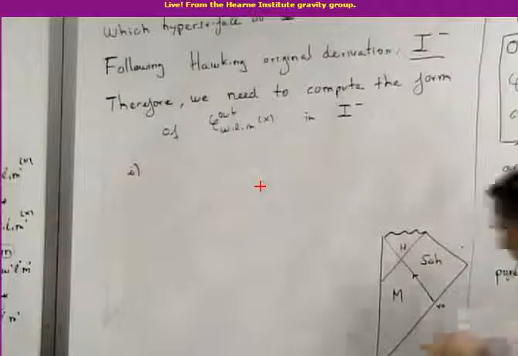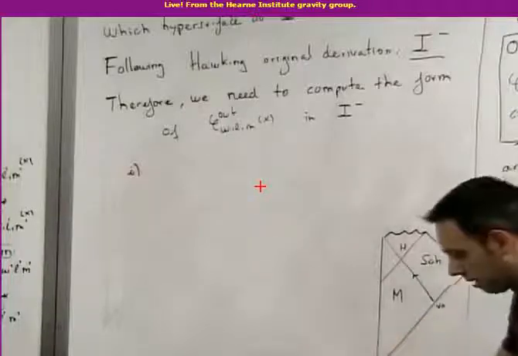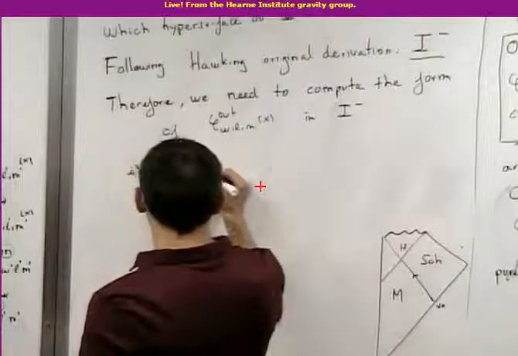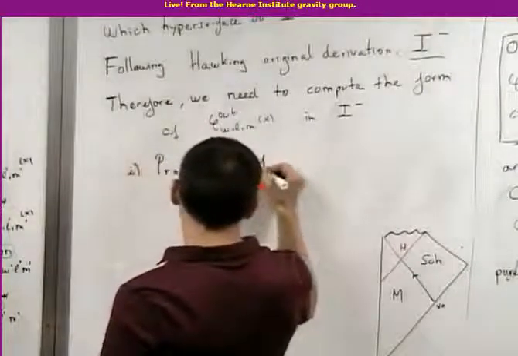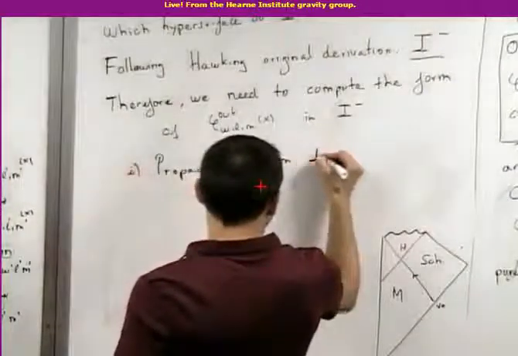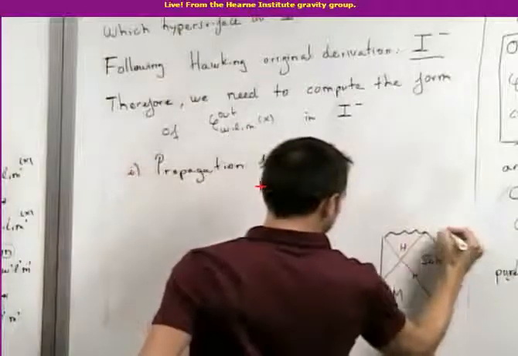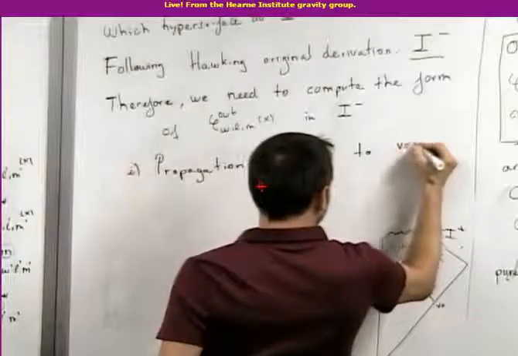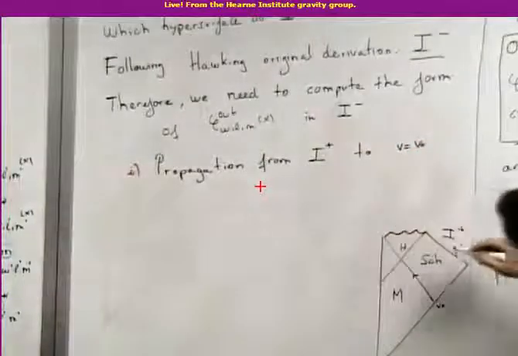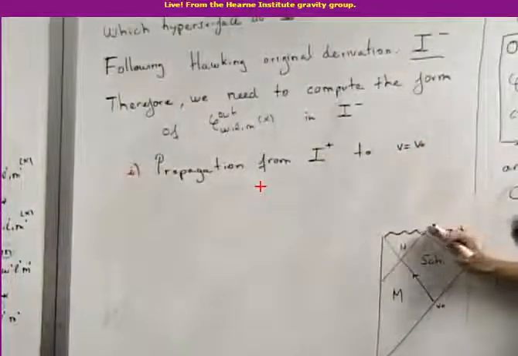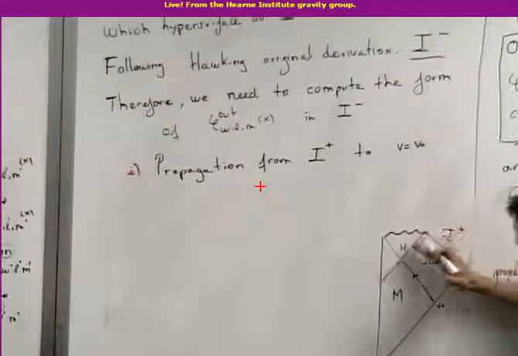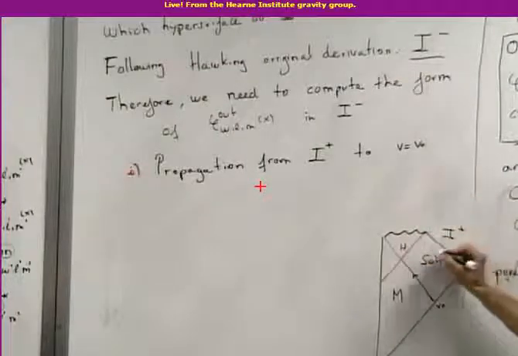And I'm going to start propagating from Sky class to V equal to V naught. So I'm going to propagate the modes from this partial hypersurface to this one, just from here to here.